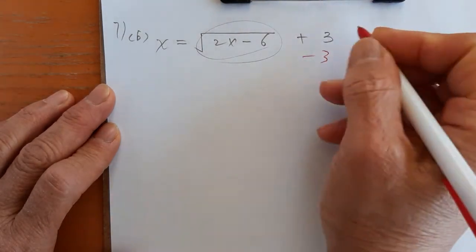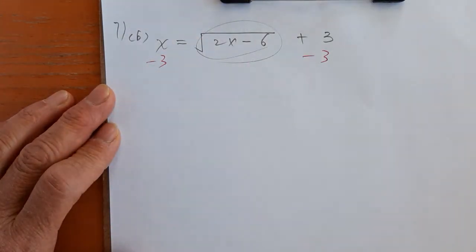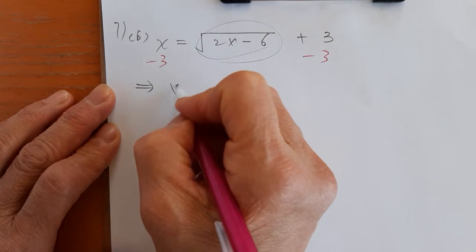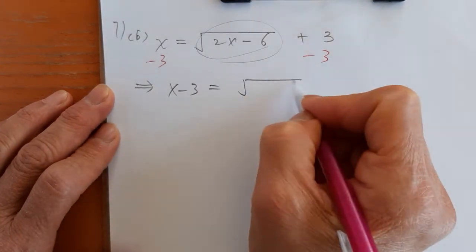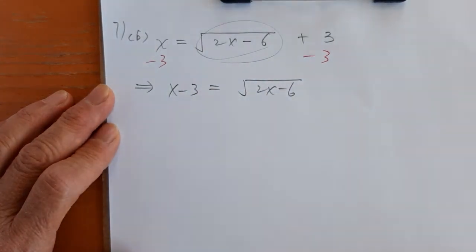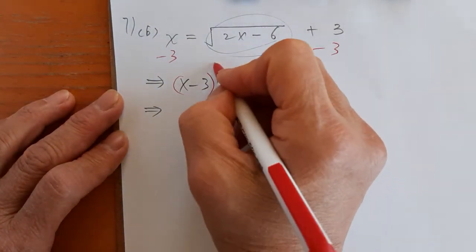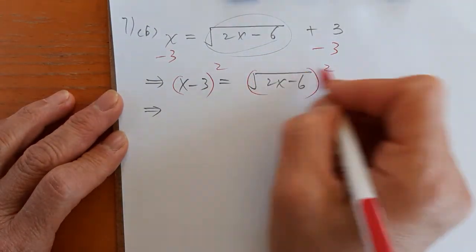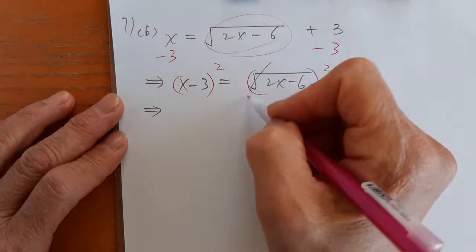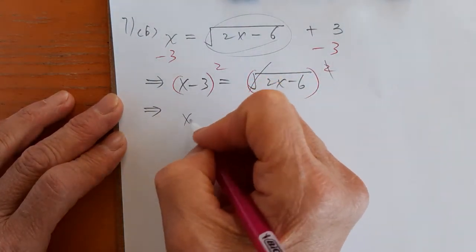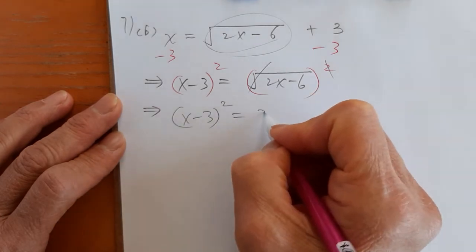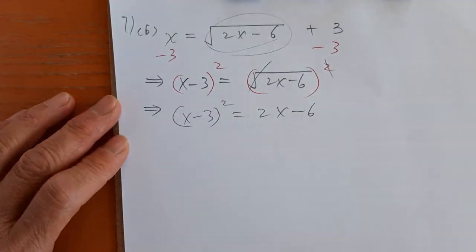So we minus 3 on both sides. So that becomes x minus 3 equals square root of 2x minus 6. Now you square both sides. The square root can be removed. So it becomes x minus 3 squared equals 2x minus 6.